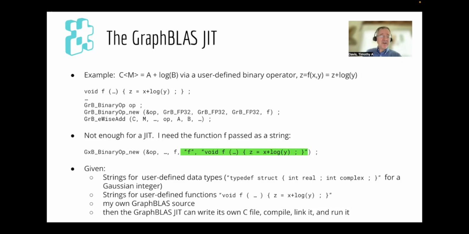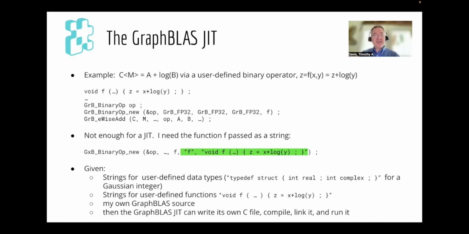Well, there's a problem here. All I have is a function pointer. That's not enough. I need the definition of that function. So you need to call GxB_BinaryOp_new to give me the name of that function and the string that defines that function in its entirety. That source code. I need the source code of the function as a string.